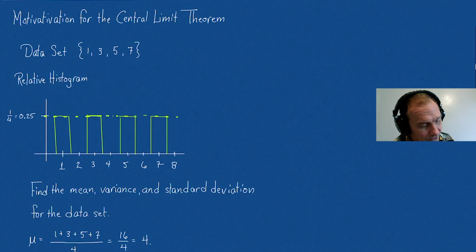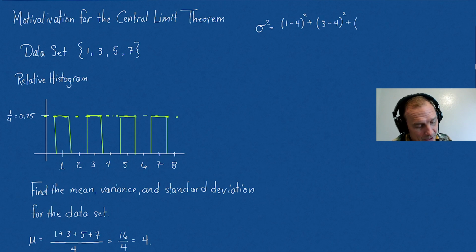Now let's calculate the variance. And remember, we're using the population variance because that's the population, just those 4 numbers. So now we take the first value, which is a 1, and we subtract the mean of 4, and we square it, plus. Take our next data value, which is a 3, subtract the mean of 4, and square that, plus.